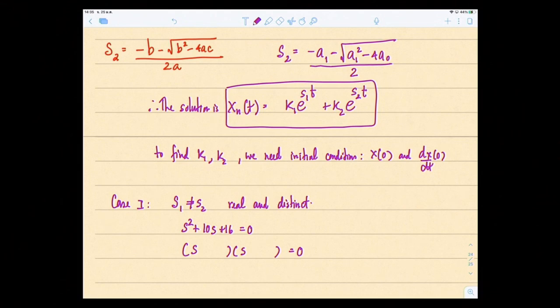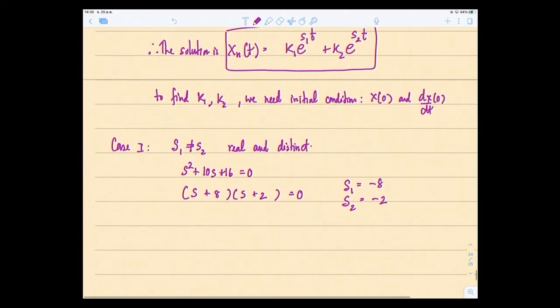We find what multiplies together to get 16 and adds together to get 10. 8 times 2 is 16, and also 8 plus 2 is 10. So it would be plus 8 and plus 2. So your s1 is minus 8 and s2 is equal to minus 2.